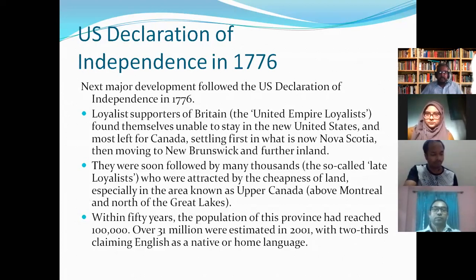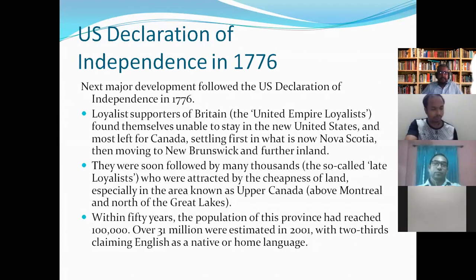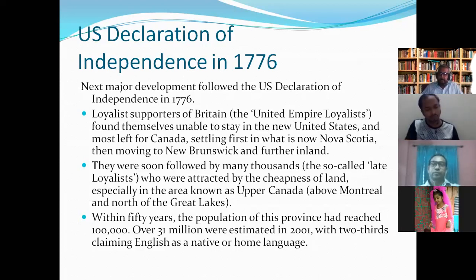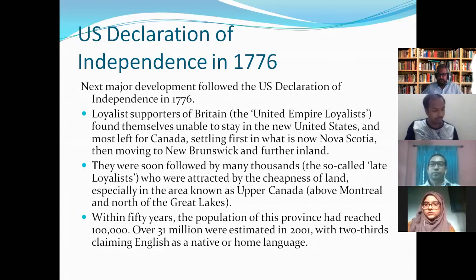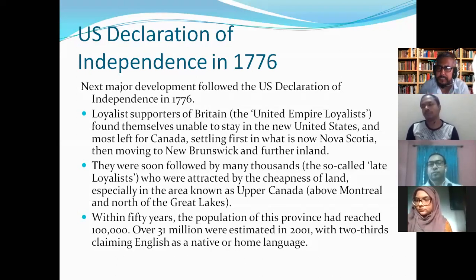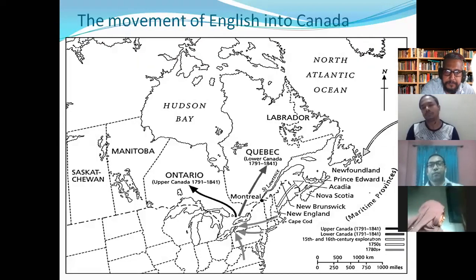They found themselves unable to stay in the new states, and most left for Canada, settling first in what is now Nova Scotia. Some pronounce this in different ways. So the loyalists left America and came to this area, Nova Scotia.